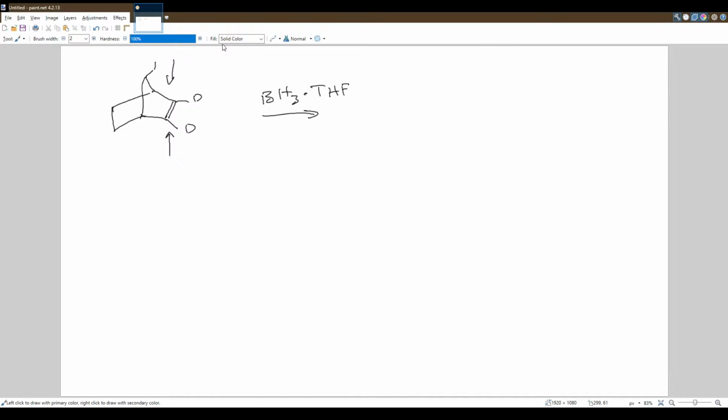So I guess we have to pick a side here. I know there's a rule for this, I just don't remember if it's the bottom face or the top face. Which looks more likely? Well, it kind of looks to me like the bottom is more bulky than the top.